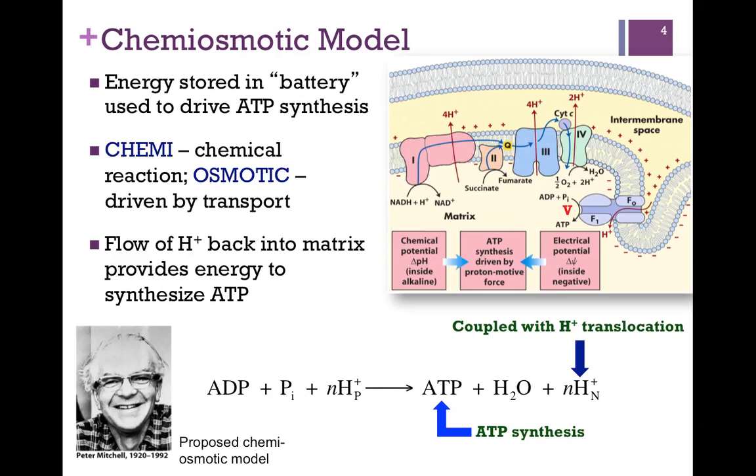The overall reaction is given at the bottom of the screen here. We're going to phosphorylate ADP to form ATP, and we're going to use the translocation of protons from the P side to the N side to drive that process. The enzyme that does this for us is called an ATP synthase, and because it's coupled so tightly with electron transport, it's sometimes called complex 5, as illustrated here.